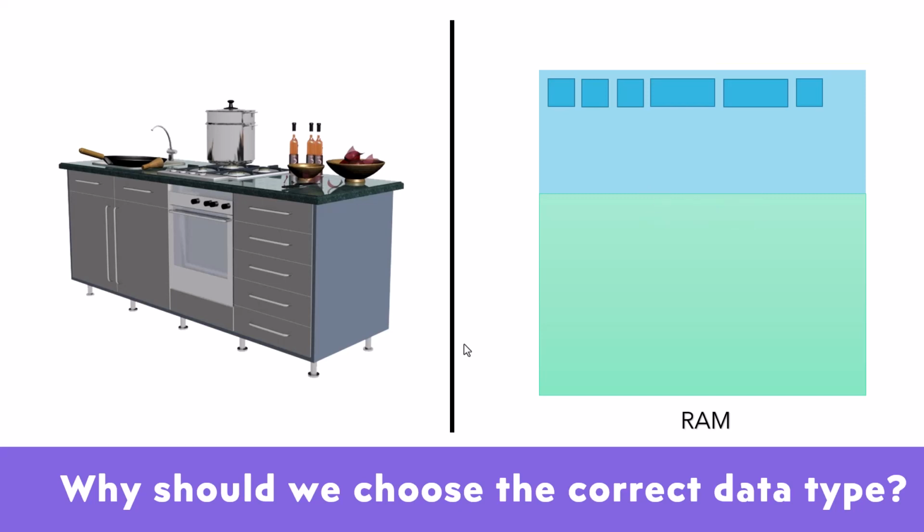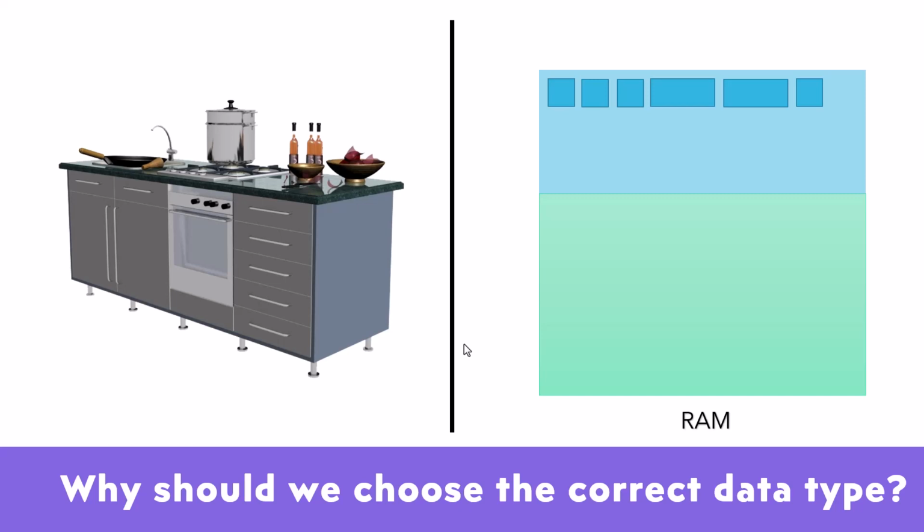In that 2 GB, some space is already occupied by other softwares. For example, the operating system, the browsers, the editors, and just assume that we are having this limited space available of RAM for our program. We have to work only on this particular memory. And if I talk about a concept where I'm having a rice box, and in that rice box I'm only putting salt, it means I'm wasting the size of that box.